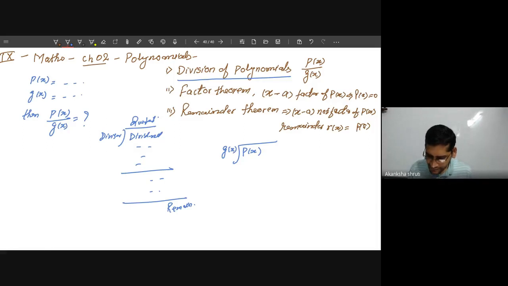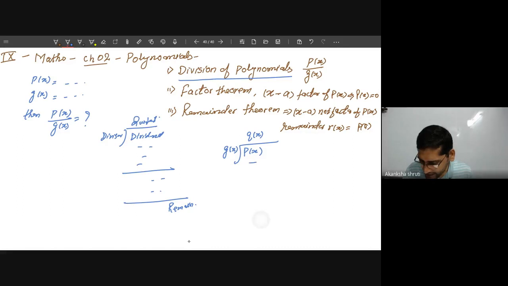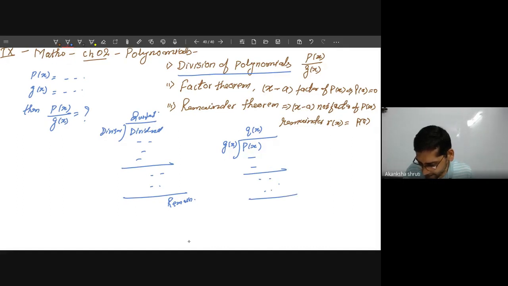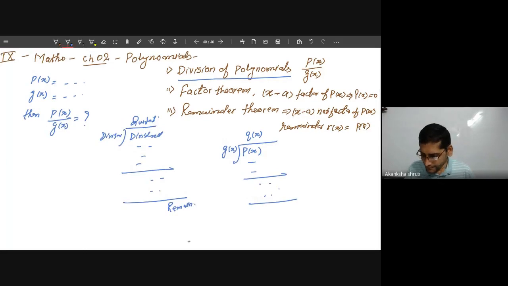While dividing it, we will get a new polynomial as the quotient, which we will denote by q(x). Lastly, we get a remainder, which can be a polynomial or maybe a number itself.